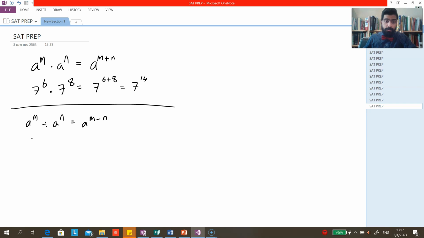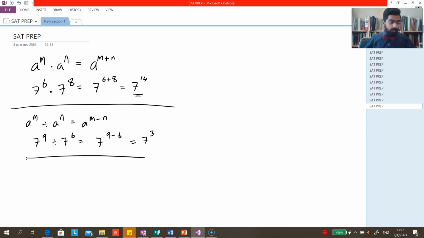In other words, if we have 7 to the power of 9 divided by 7 to the power of 6, we will have 7 to the power of 9 minus 6, which is equal to 7 to the power of 3. In these cases, you either can solve for a final answer or you can leave it as it is, depending on the question.